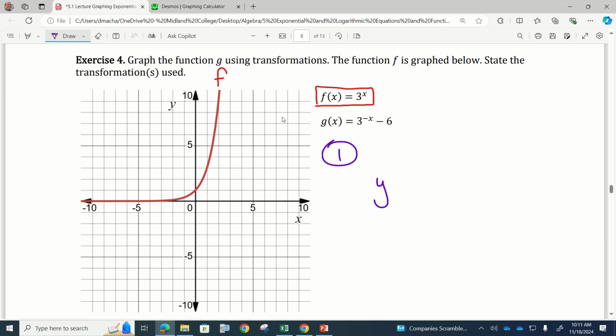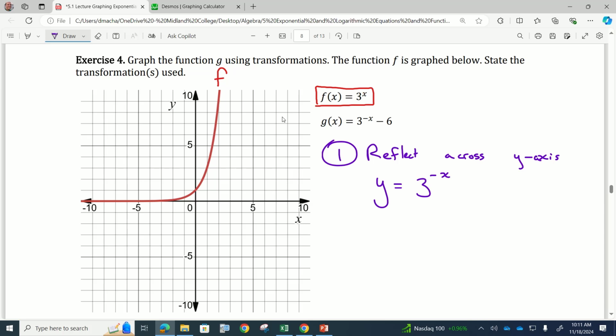Okay, because of the negative x, what's that going to do to it? It's going to reflect across which axis? It's either the x or the y axis, that's right.